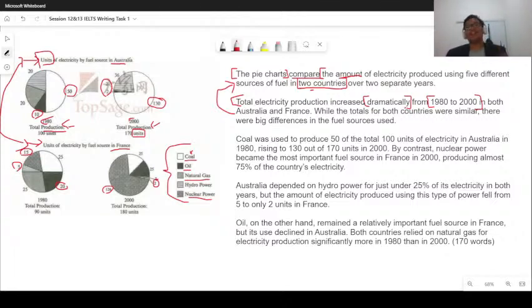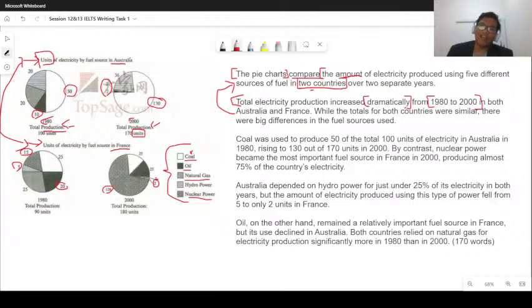You get words like dramatically, significantly, and so on and so forth. It's a little bit difficult off the top of my head, but that's one type of word that you really need to memorize for IELTS Task 1.